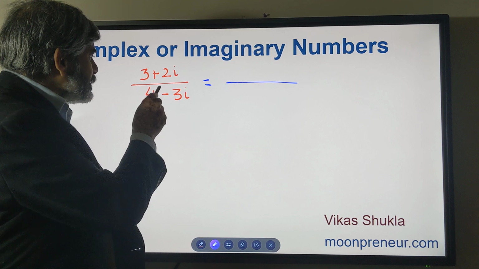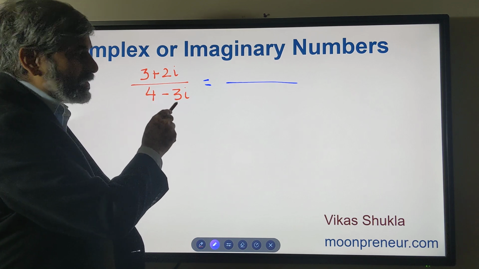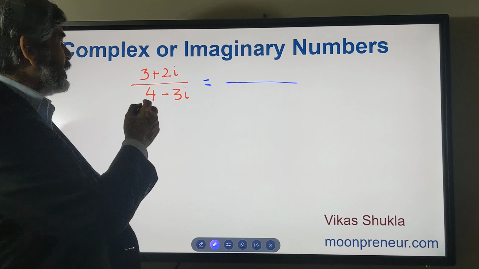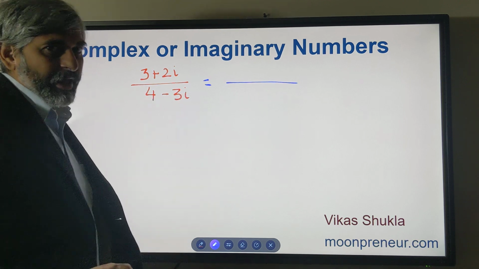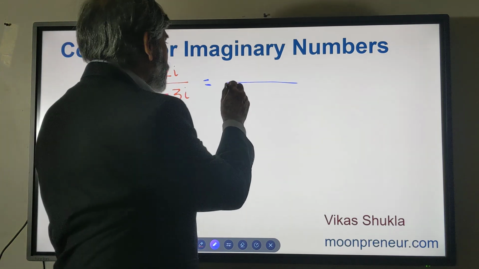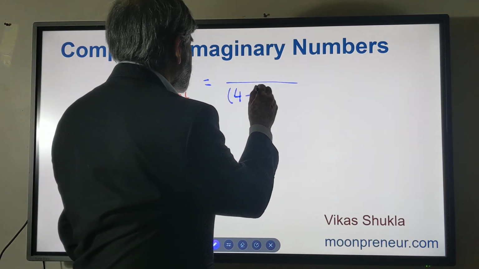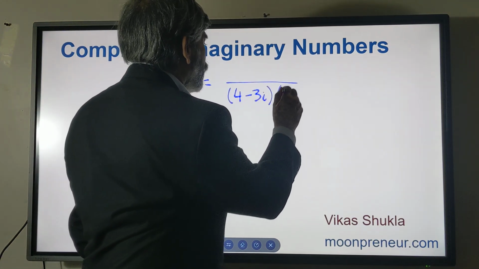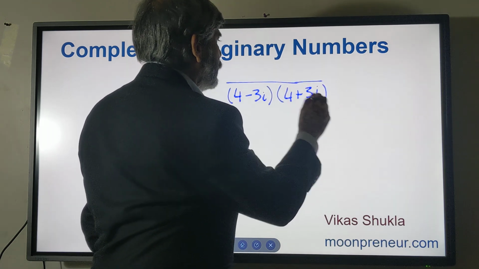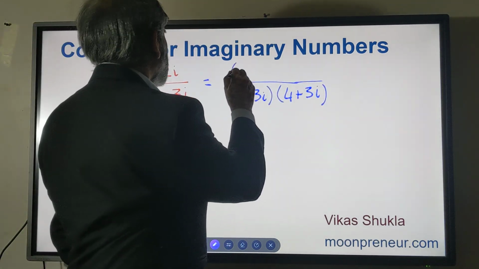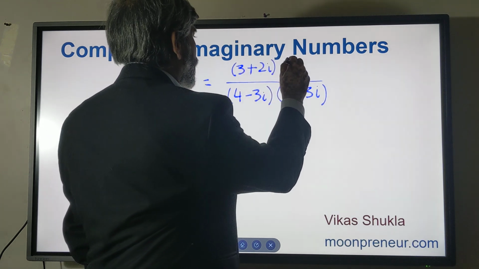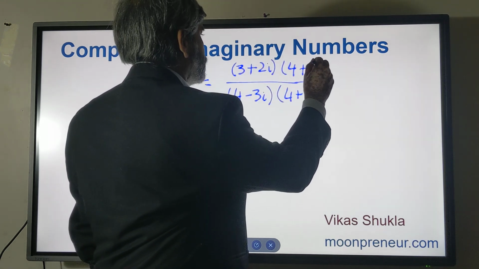The idea is that the whole thing is multiplied by its complex conjugate. If a number is 4 minus 3i, its complex conjugate is 4 plus 3i. So let's multiply 4 minus 3i with 4 plus 3i, and then I do the same thing on the top, 3 plus 2i multiplied by 4 plus 3i.